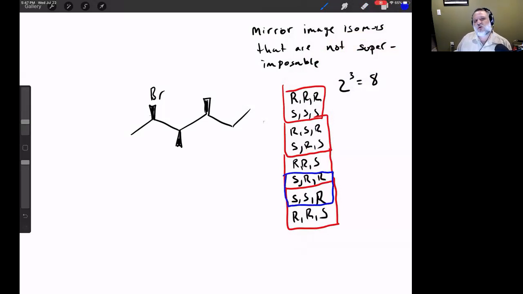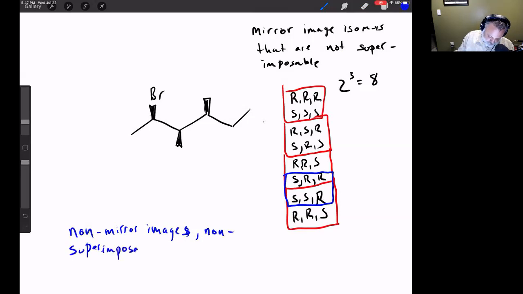They're not reversed. So that means they're not actually mirror images. They're non-mirror images, and they're still non-superimposable isomers.